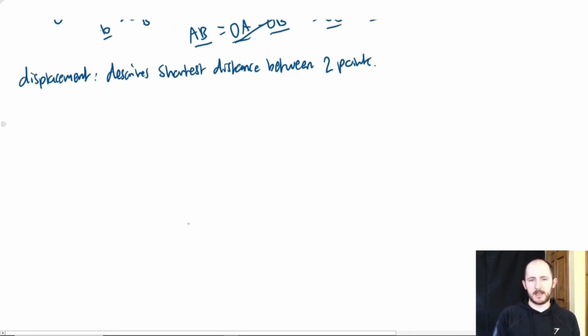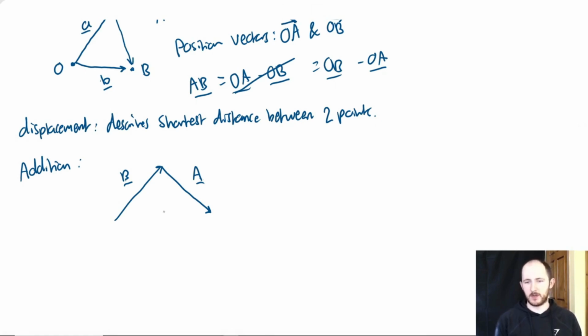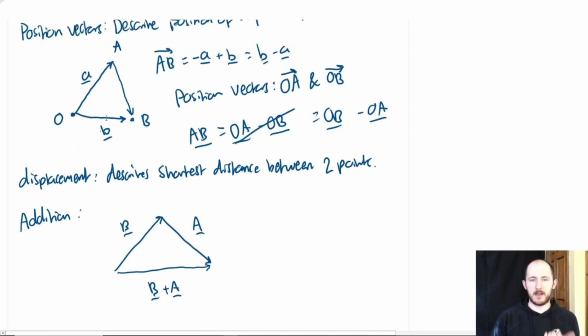So now for the geometric description of how addition works, right? All you would do is you would draw them tail to tip. So in subtraction, you draw them tail to tail. For addition, you draw them, so for example, if I had vector B and then plus vector A, I'm drawing them so that the tip of one touches the tail of the other, and that means my resultant vector here, right, is B plus A. Okay, so subtraction, you put the two tails together, or you can even put the two tips together as well.